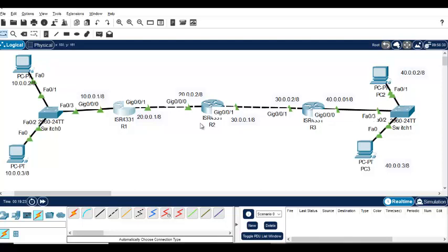Yes, 10 and 40; 20 and 30 are directly connected. For 10 you have to go to the left side, for 40 you have to go to the right side. For network 10 the packet should go to 20001. For network 40 the packet should go to 30002. So it is two different gateways.